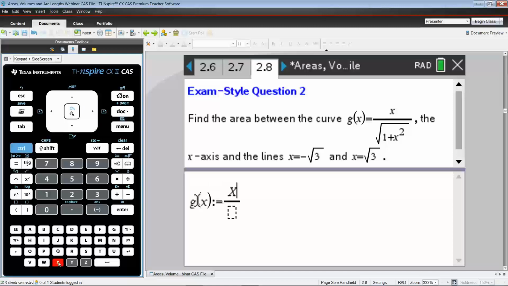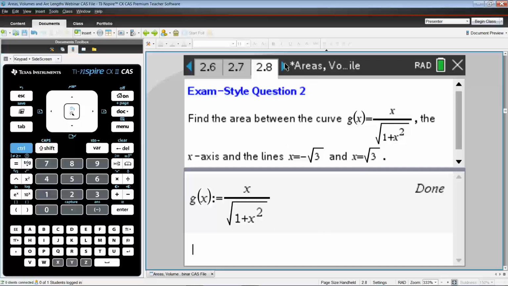So x divided by the square root of 1 plus x squared. Okay, there we go. I have g of x defined as x over the square root of 1 plus x squared.